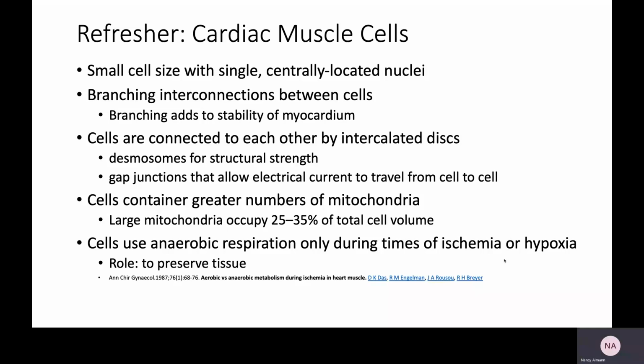Only infrequently will you see or know that these cells will use anaerobic respiration during times of ischemia or times of hypoxia, and it really is only to preserve the tissue. Most of the cellular respiration of these cells will be aerobic respiration. If you're going into anaerobic respiration, you have a problem, ischemia or hypoxia.